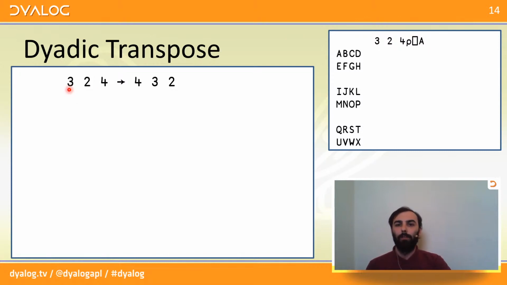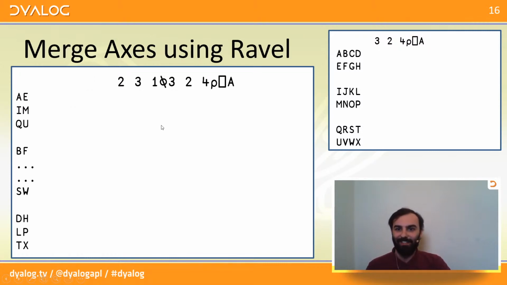So the first axis will become the second, the second axis will become the third, and the third axis will become the first. So that's 2 3 1 transpose. I'm going to do this a lot for the rest of today, so bear with me. It's going to be a lot of that type of thing.